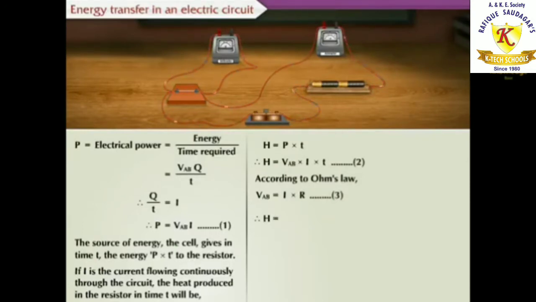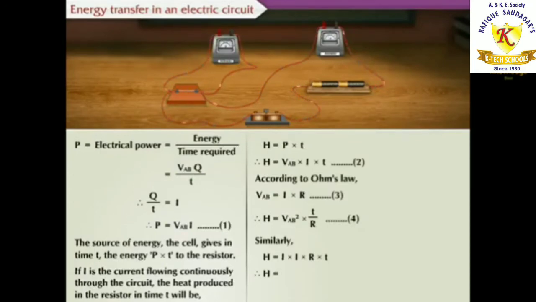Therefore, H is equal to VAB square into t upon R. Let this be equation number 4. Similarly, H is equal to I into R into I into t.